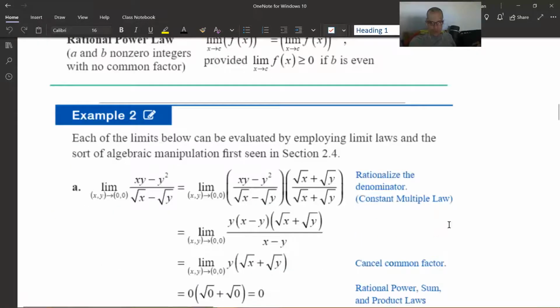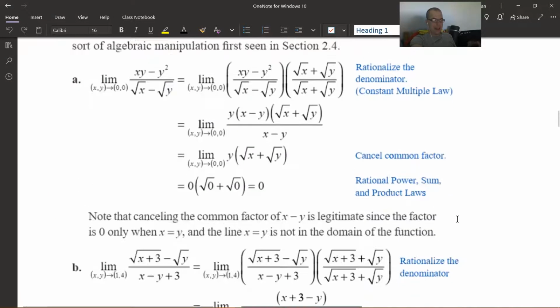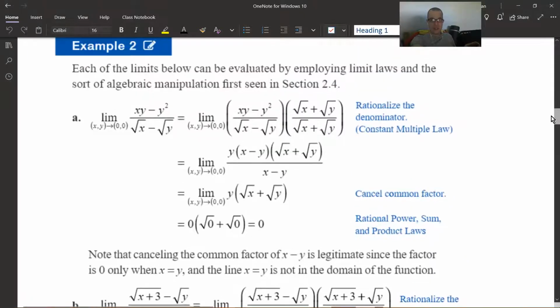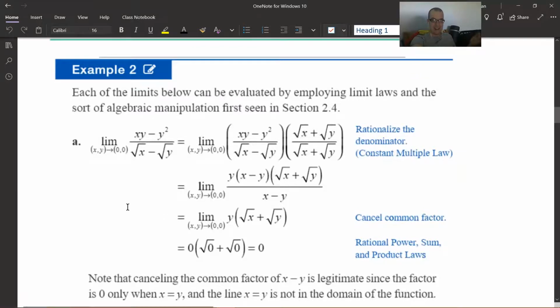Anyways, example number 2, we get to just plug the values in and get an answer. So again, we're taking the limit as x, y approaches 0, 0 of this function where we've got xy minus y squared over the square root of x minus the square root of y.